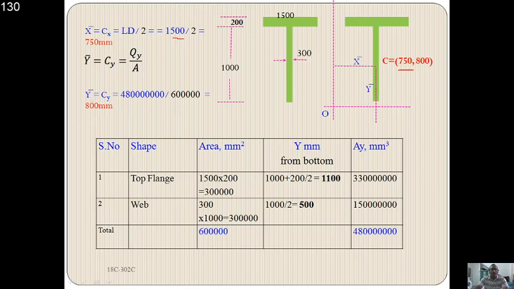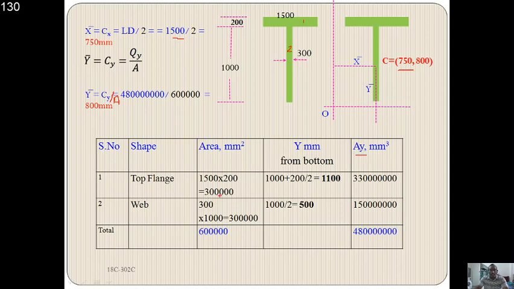Whereas the y bar has to be calculated using the analytical method. So y bar is equal to the sum of ay divided by the sum of a, where the top flange and the web are the two parts, so this is one and this is two.